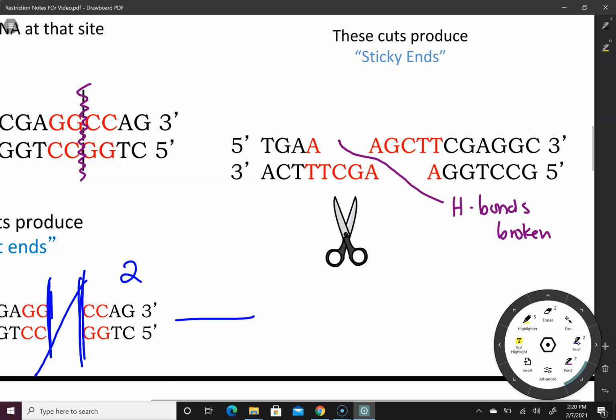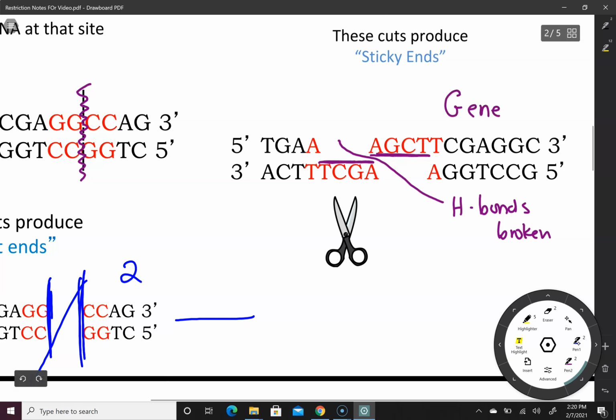Remember that DNA, or these nucleotides with these hydrogen bonds, are very much like magnets. So with this AGCT hanging out and this TCGA hanging out, they really want to go back with their buddies. They really want to match back up, and that would make them happy. And scientists are counting on that. So let's say that this is a gene.